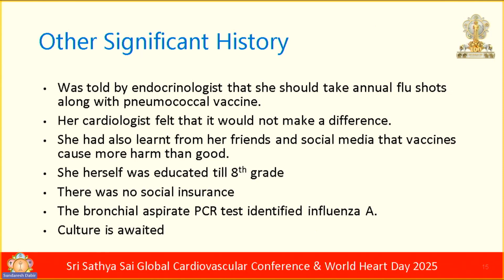Some background. She was told by the endocrinologist that she should take annual flu shots along with the pneumococcal vaccine. Her cardiologist felt that it would not make a difference. She had also learned from her friends on social media that vaccines cause more harm than good. She herself was educated till 8th grade. There was no social insurance. So what is the cause of her death?